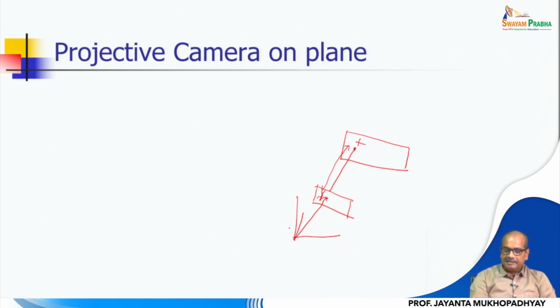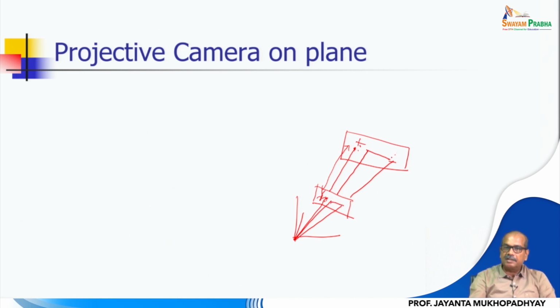Second, because of that, it is invertible. So if I know x, I can get the scene point X. And if I consider a straight line, the projection or this mapping would also be a straight line.